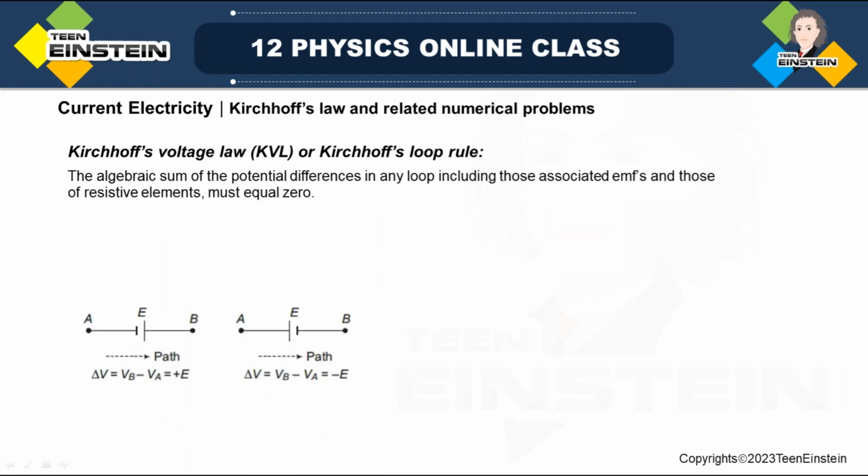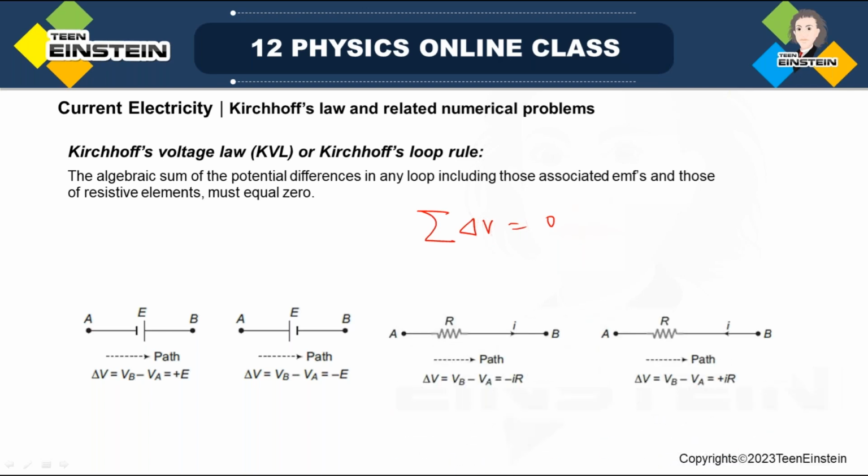Now KVL, there are a few things to remember. First of all, what is KVL? KVL says the sum of the changes in voltage will be 0. Or in other words, if you have a circuit with resistors and more than one battery, then you take the sum of all the EMFs, and that will be equal to the sum of the voltage drops across each resistance.